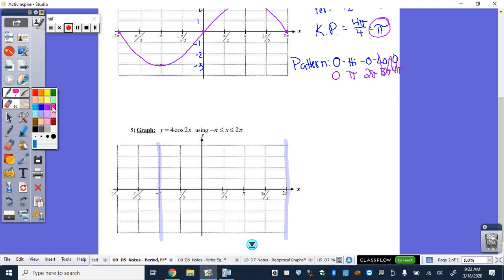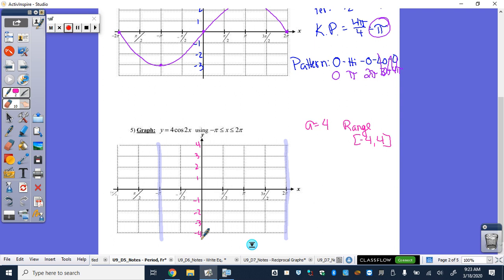So I'll start writing my information I know for my equation. My amplitude is 4, which means my range goes from negative 4 to positive 4. So on my y-axis, I have to go up by ones there.